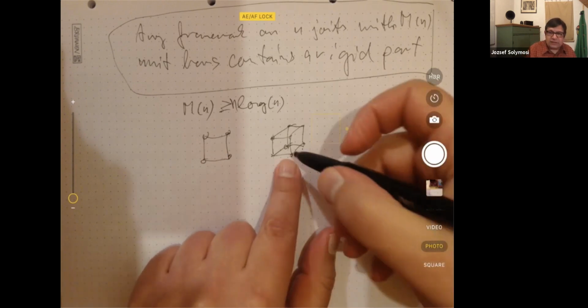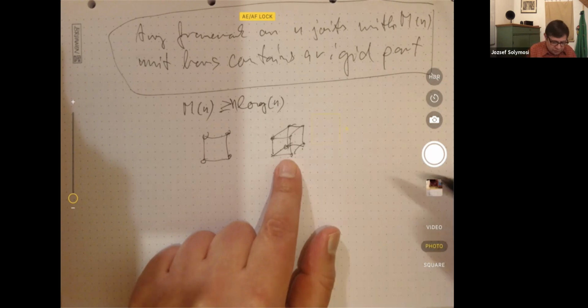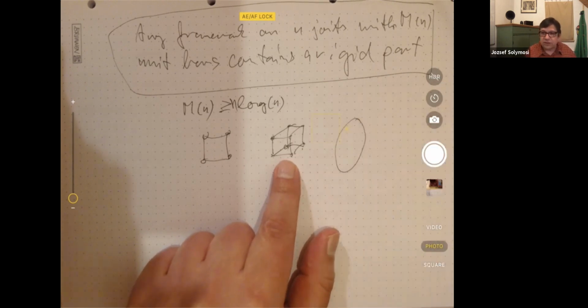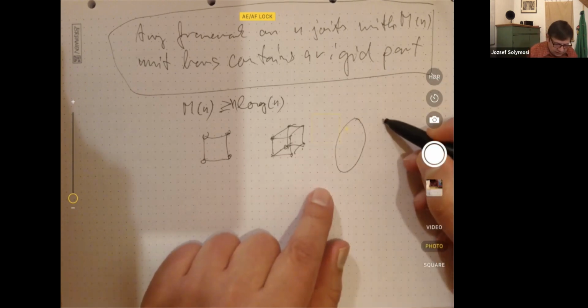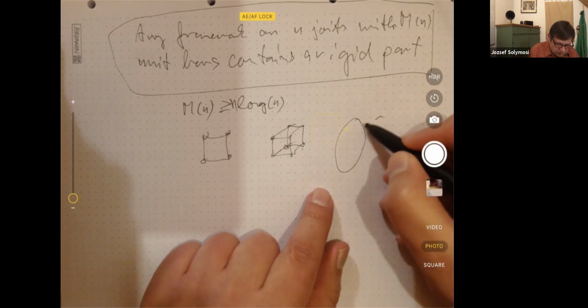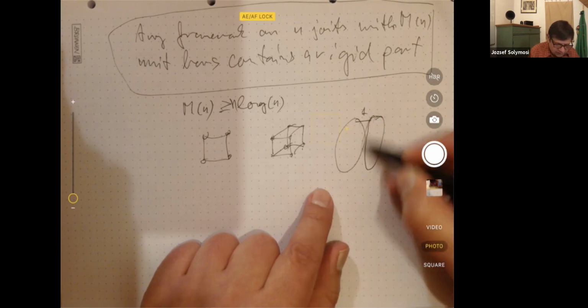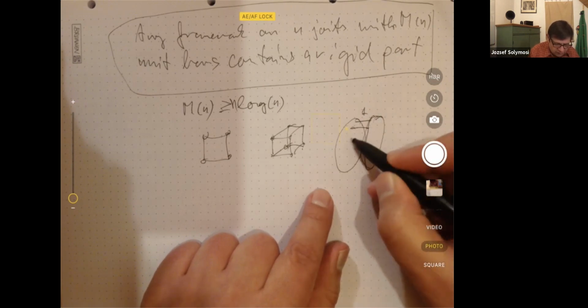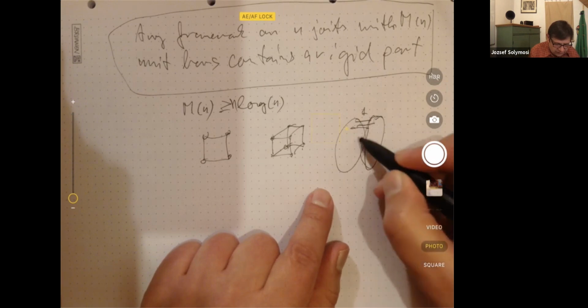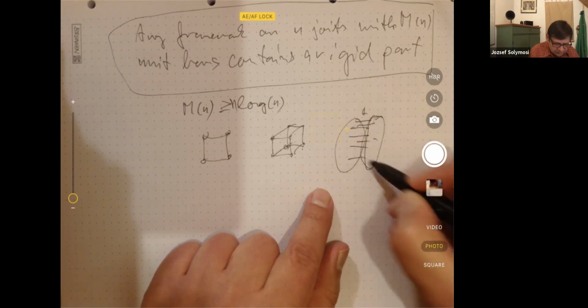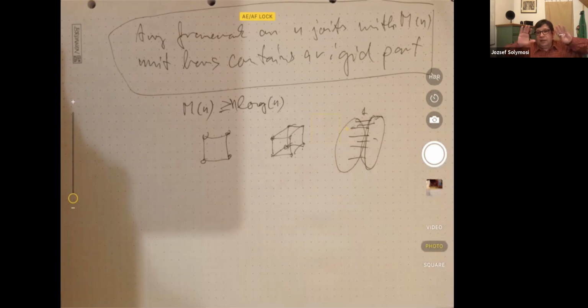So this is a recursive construction. If you have already a part which is not rigid, and you take another one, a copy, you just translate it by 1, and you just connect the corresponding points. Then it's still not rigid because you can move them, and they were not rigid there.